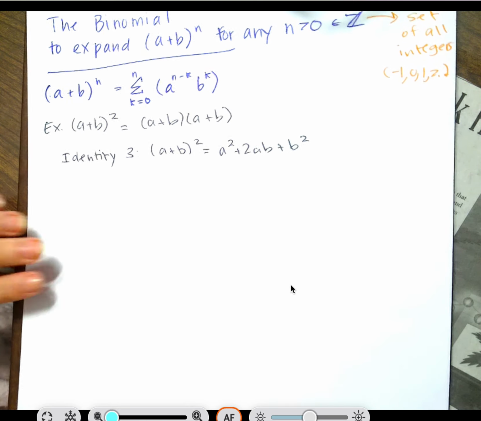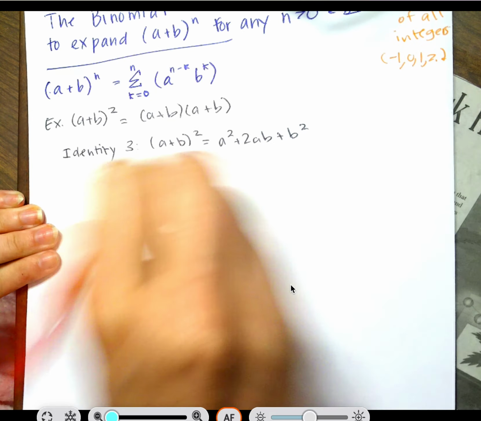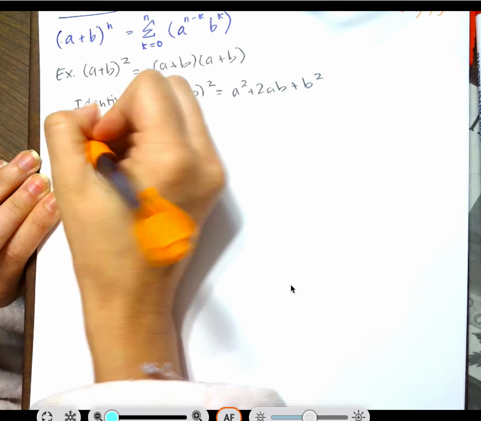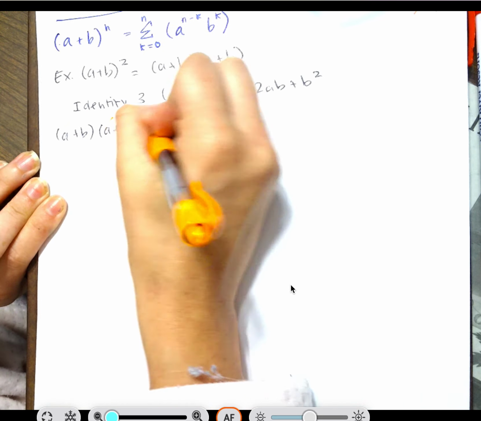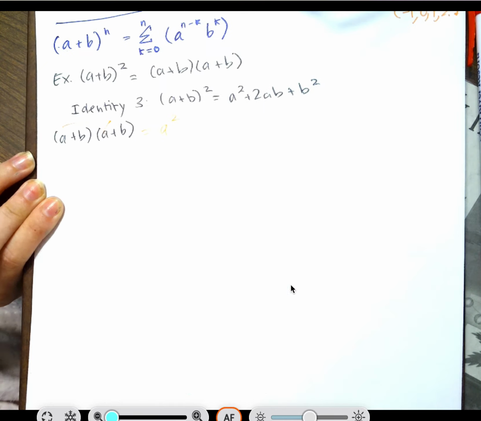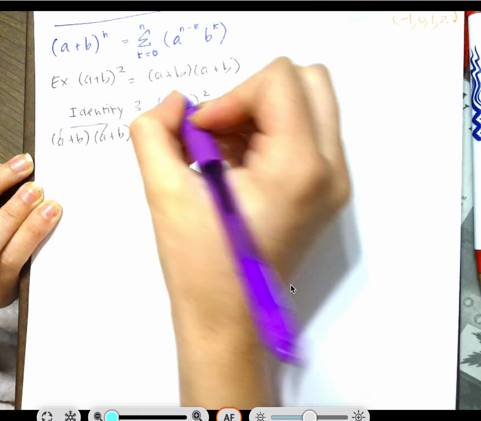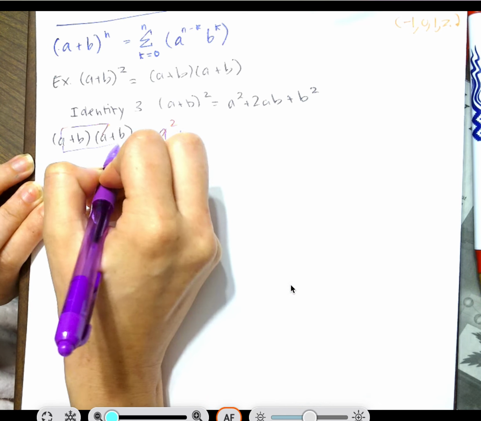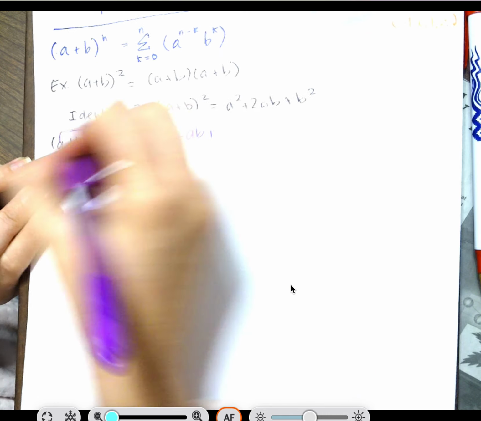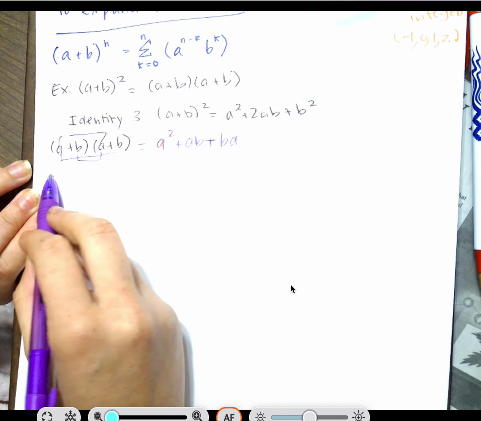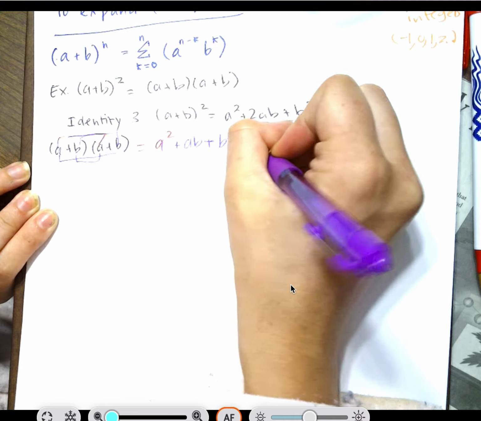Now, according to tradition, we would do this by taking a plus b and multiplying it by a plus b, the old-fashioned way, where you say, okay, a times a is a squared, plus a times b, ab, plus b times a, ba, plus b times b is b squared.